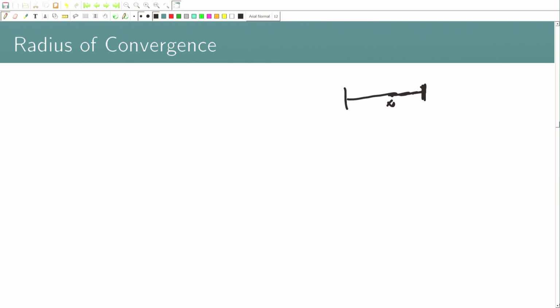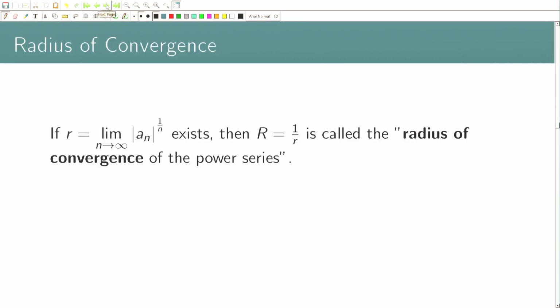In this region the power series is going to converge. So, how do we find the region of convergence of a power series? We have the concept of radius of convergence.